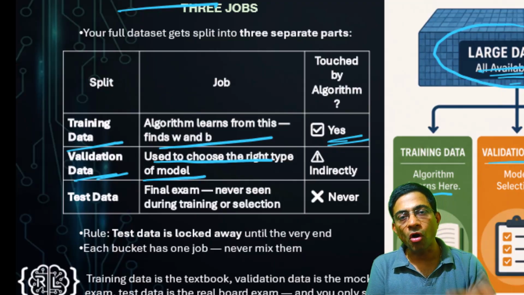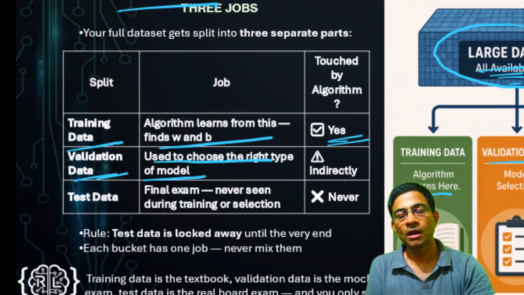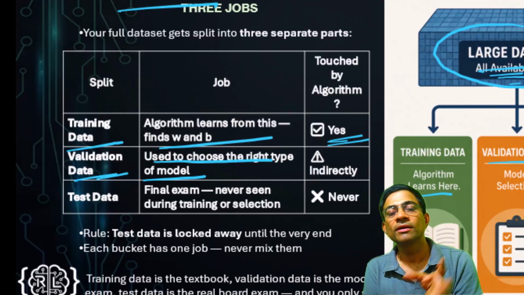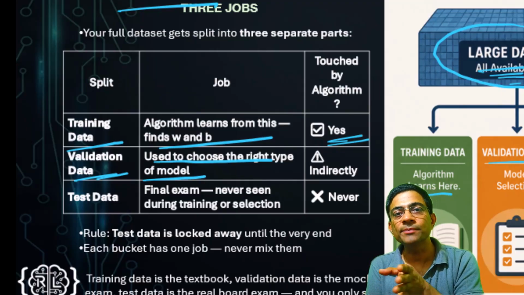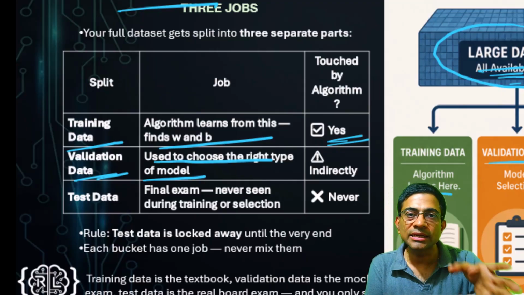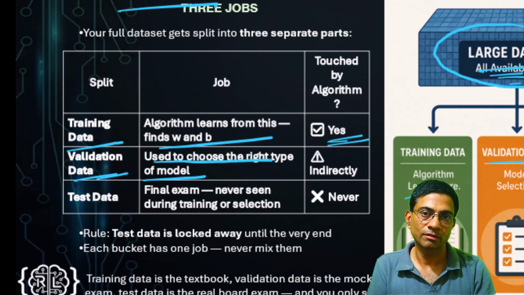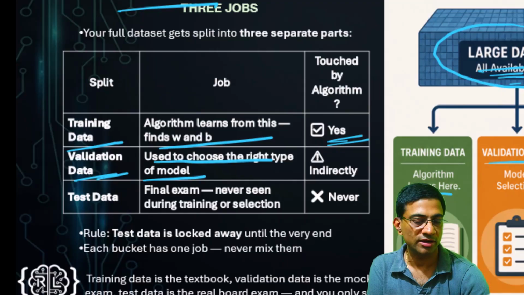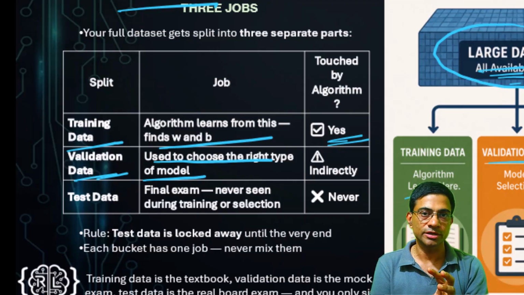So we run the validation data on all the models given by the algorithm and see which type of model consistently performs compared to the other types. Got it? There's a slight difference between the validation data and the final data, so I'm taking a little more time to explain what the validation data is.